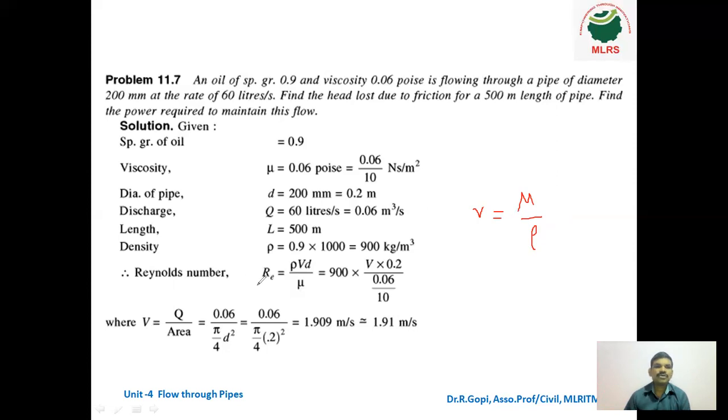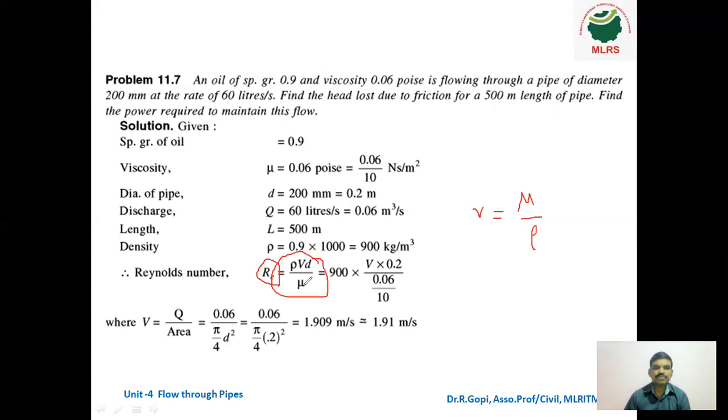After that, you find out the Reynolds number value, or otherwise, we know another formula for Reynolds number calculation. That formula is rho V D divided by mu.